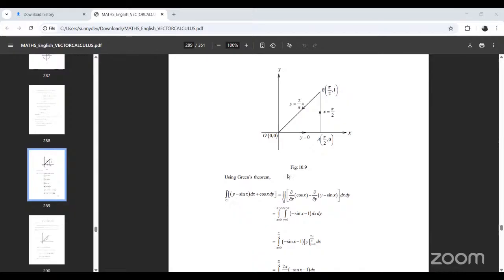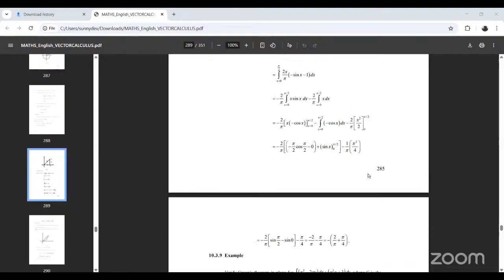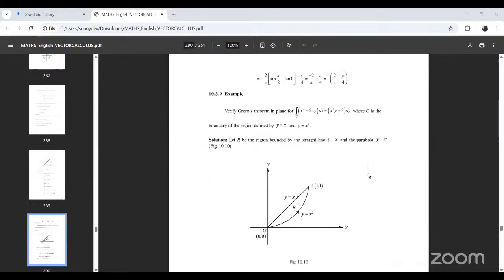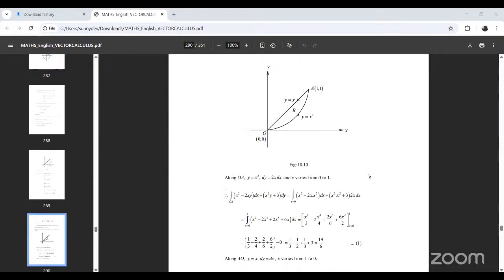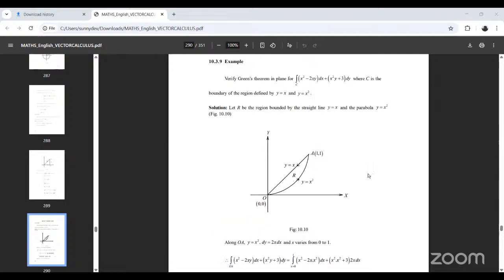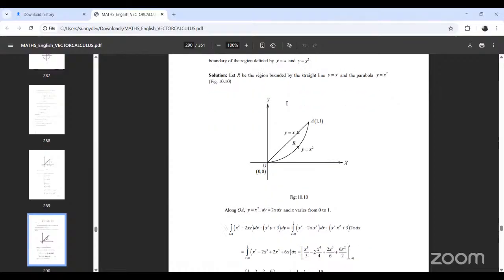So this is the figure. And let's see one more problem: the integral of (x square minus 2xy) dx plus (x square plus 3) dy, where C is the boundary of the region bounded by y equal to x and y equal to x square.